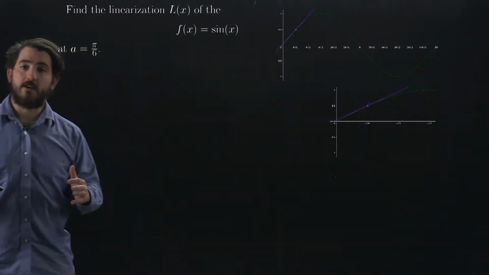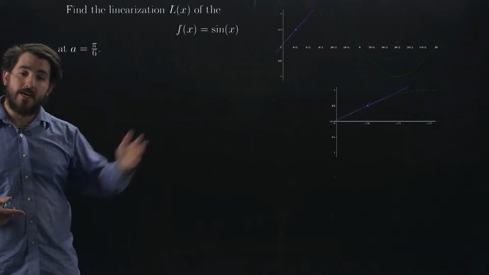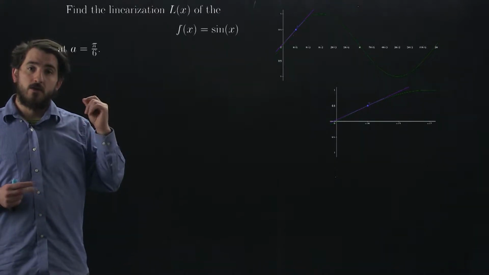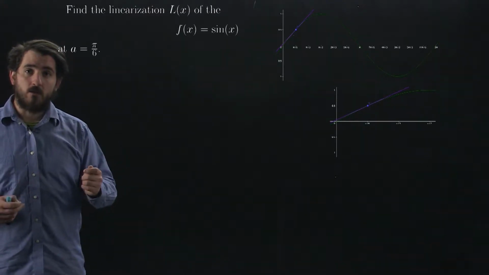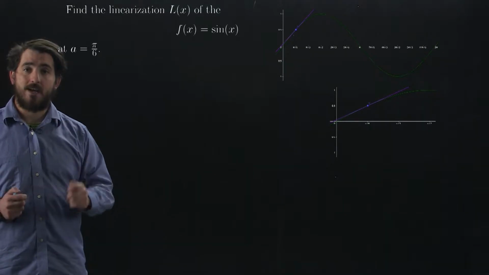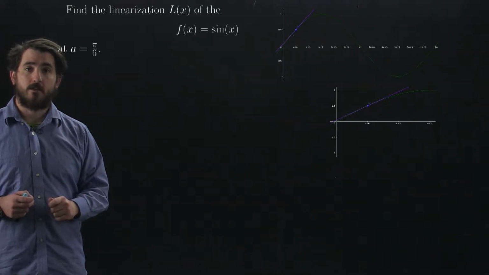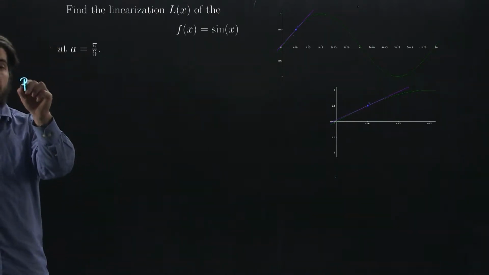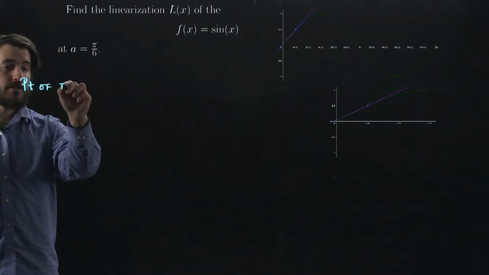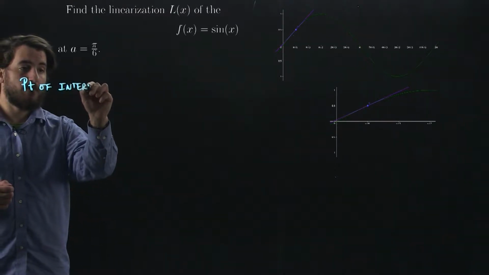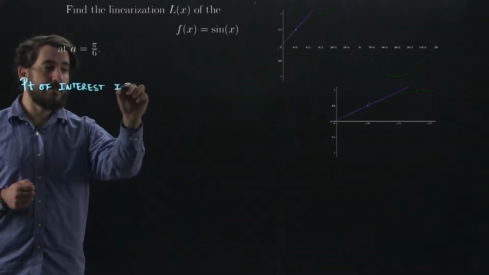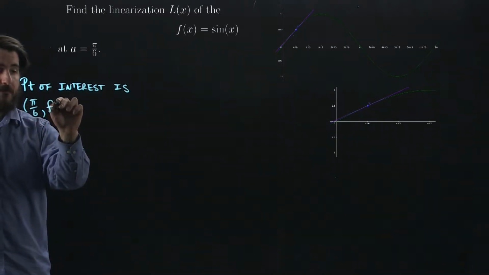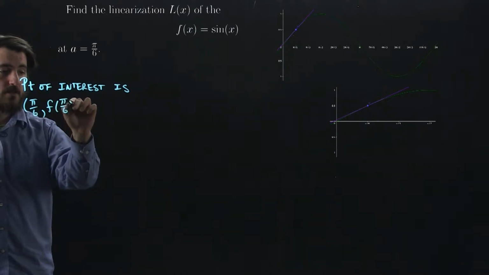So the process here is we want to find the tangent line equation to the curve y equals sine of x at x equals pi over 6. The point of interest is pi over 6 comma f of pi over 6.